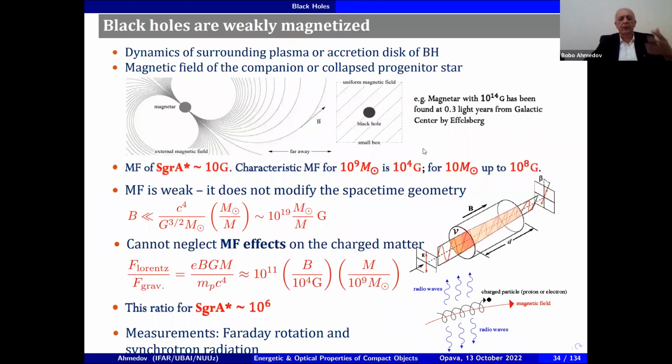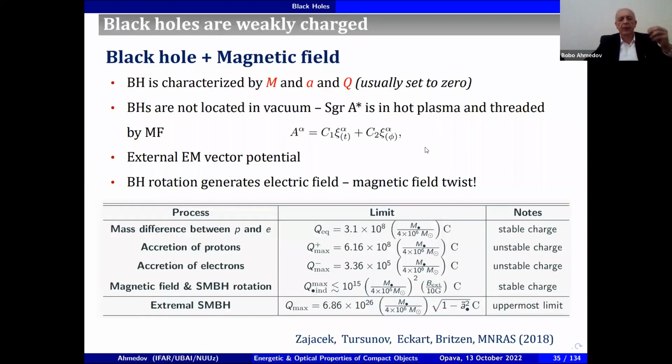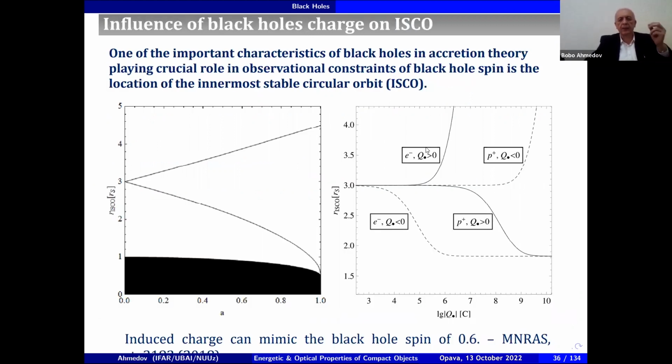So this approach was applied by Arman Tursunov and Zdenek Stuchlik. They have looked to the charge of the supermassive black hole at Sagittarius A star at the center of the galaxy, and it was shown that the spin of the black hole up to 0.6 can be mimicked by the electric charge of the supermassive black hole Sagittarius A star.